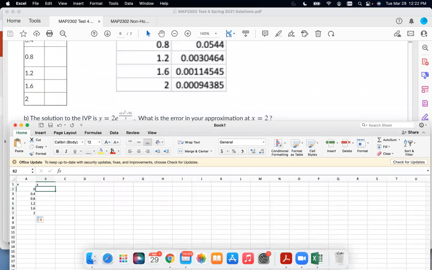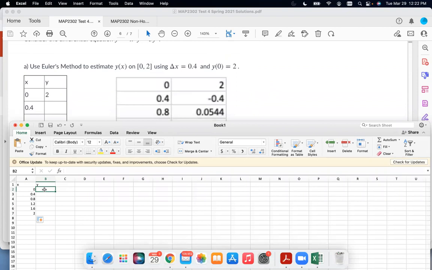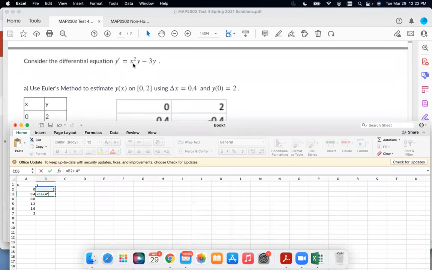Now each y value, remember we have to know how to use Euler's method. We're going to start at 2. That's our initial y. Then each new y value will equal the previous y value. So I actually just clicked on that cell. Plus h, my delta x, 0.4, times the derivative at the previous value.